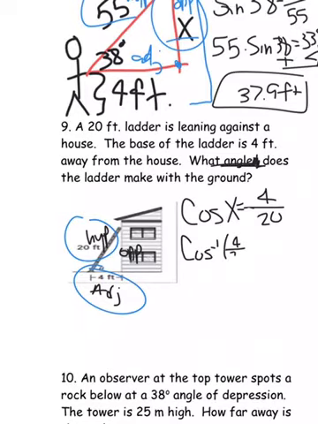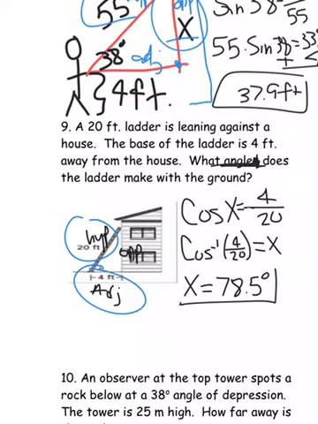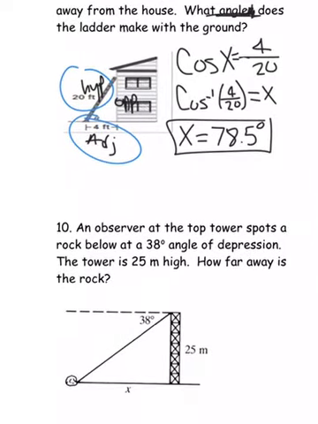That's when the fraction comes over here. And so in your calculator, you hit trig. You use the cosine with the little -1 exponent. That's the inverse. 4 divided by 20 in the fraction. And you should get 78.5 degrees. Okay, pretty easy.